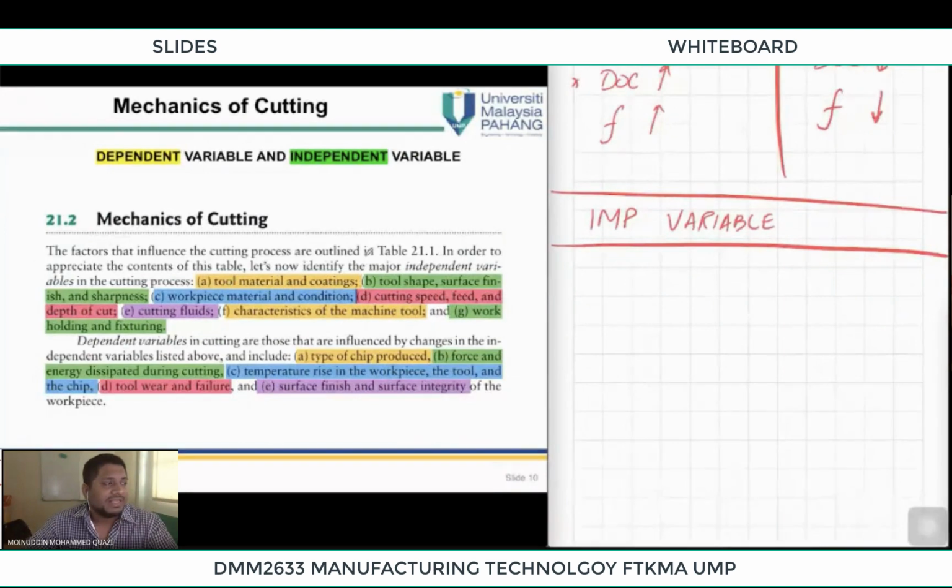The factors that influence the cutting process are: tool material and coatings, tool shape, surface finish, sharpness of the tool, the type of workpiece material, the condition of the workpiece material, my cutting speed, my feed, my depth of cut, the cutting fluids that I am going to use, and the characteristics of my whole cutting machine.